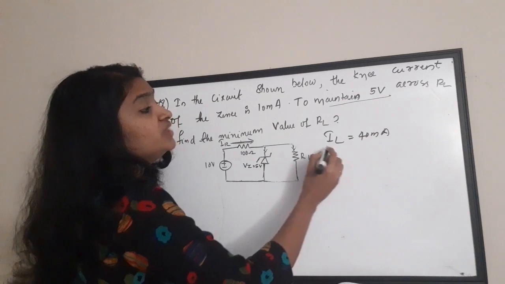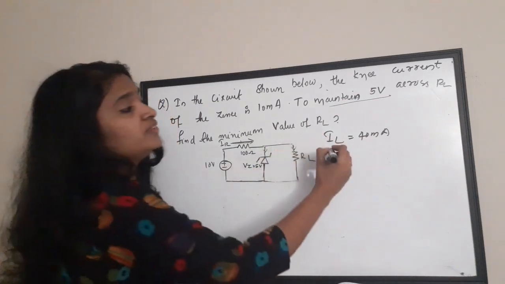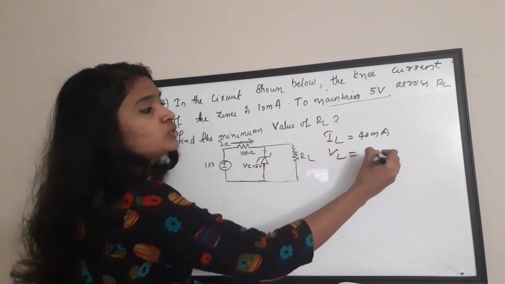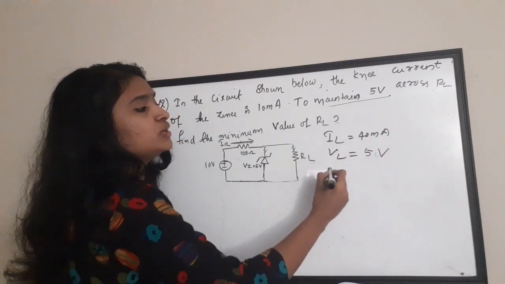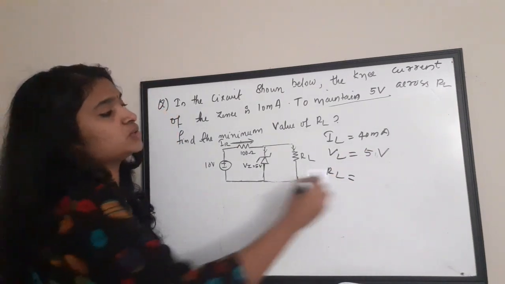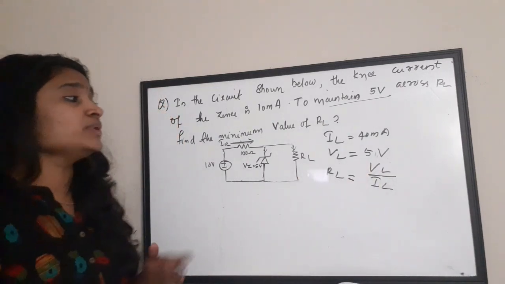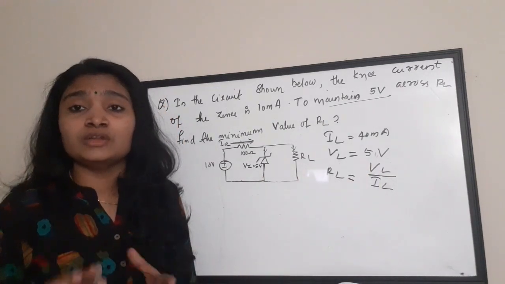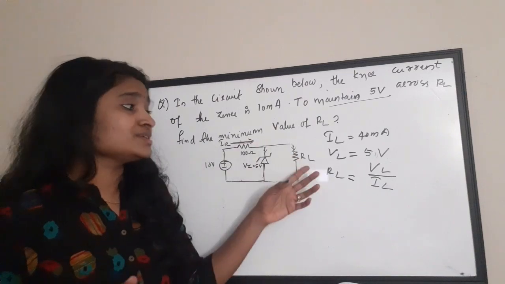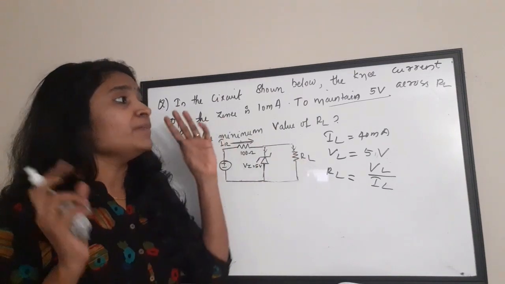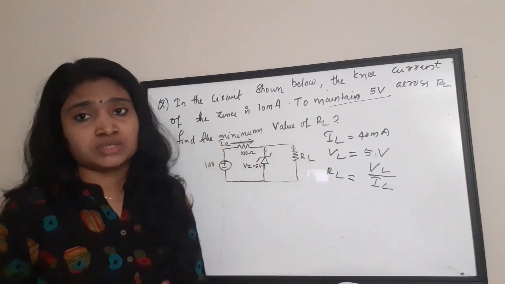We know we need to maintain VL as 5 volt. So what will be the value of RL? Simple, right? RL equal to VL by IL. That is how we can calculate the minimum value of the load resistance to maintain 5 volt across it.